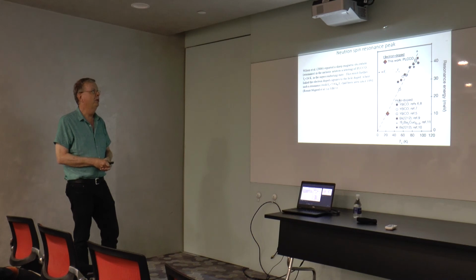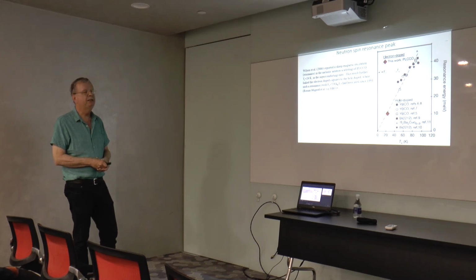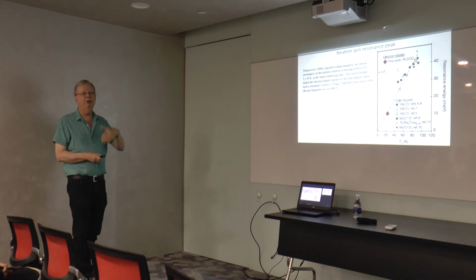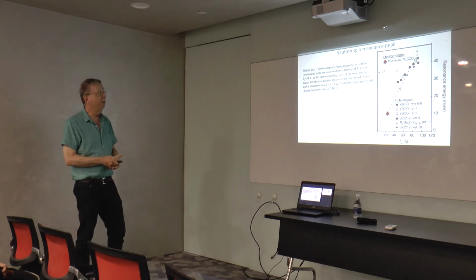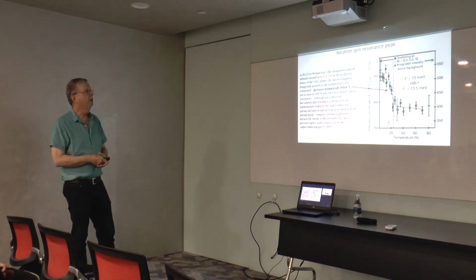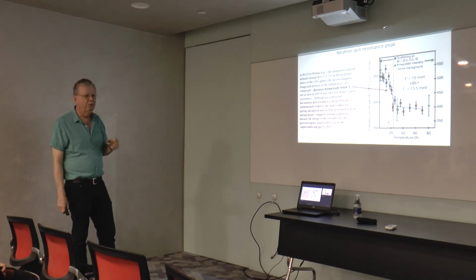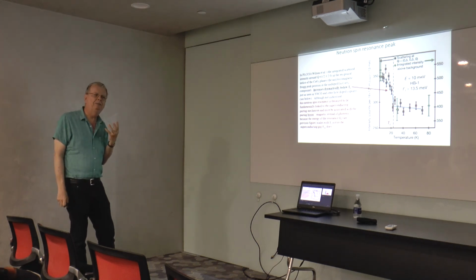Okay, so where the disagreement comes from is these guys think 5.8 and these guys think 5.3. Okay, so 10% probably not an important thing. So you might think to yourself, what does this resonance mean?